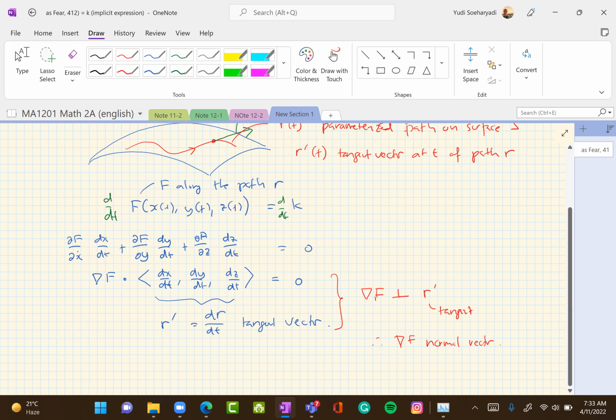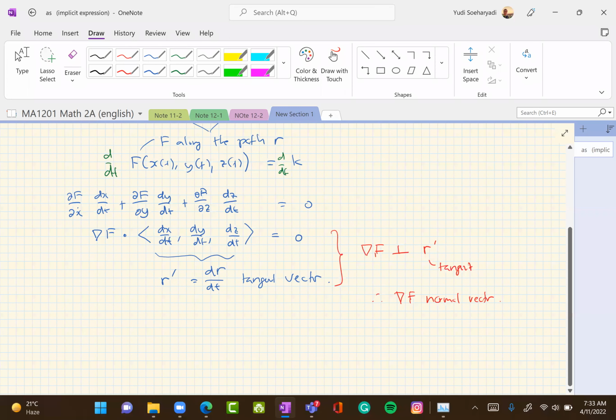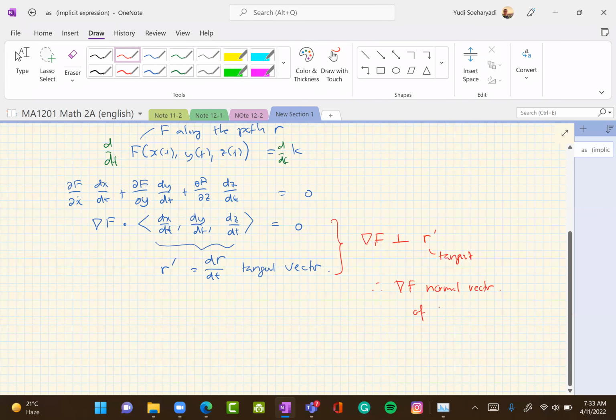This is the normal vector of the tangent plane. So here we have the tangent vector, and you also have the tangent plane.